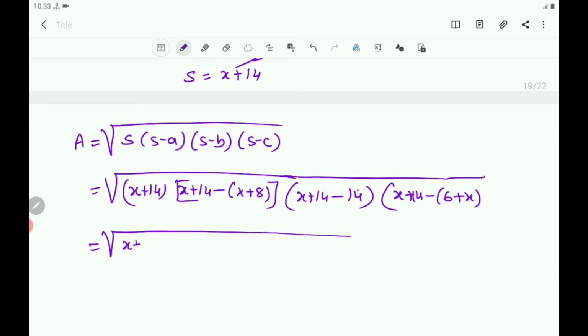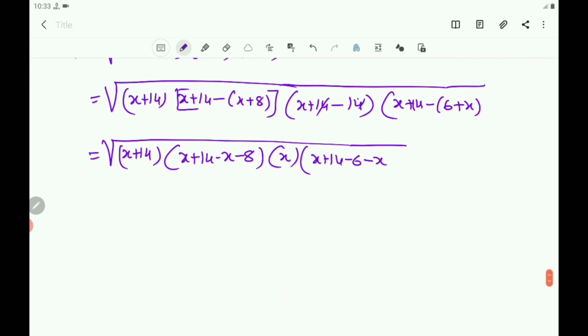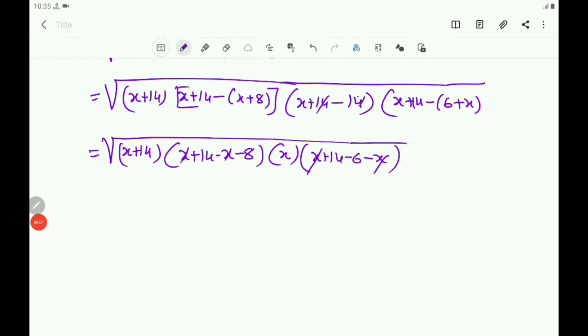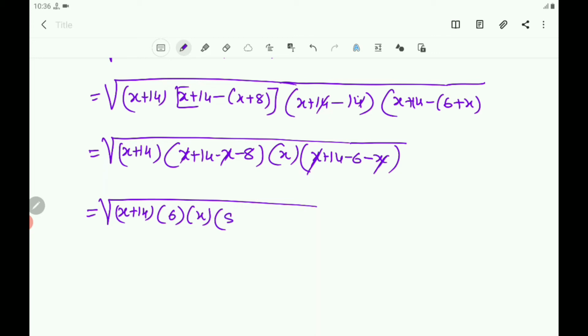Then it is X plus 14 into X plus 14 minus X minus 8 into X into X plus 14 minus 6 plus X, that becomes, with the bracket opened, minus X. Then equals X plus 14 into X, X cancels, 14 minus 8 is 6, into X into X plus 14 minus 6 minus X, X cancels here, 14 minus 6 is 8.